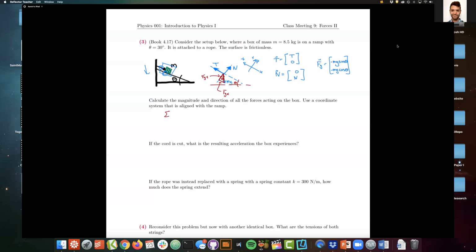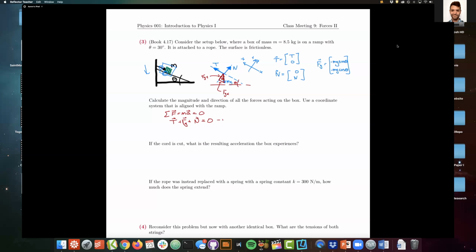So in that case, the sum of the forces equals the mass times the acceleration, which must be 0 if the box is stationary and remaining stationary. So that's tension plus gravity plus the normal force equals 0 if I add them all up as vectors.